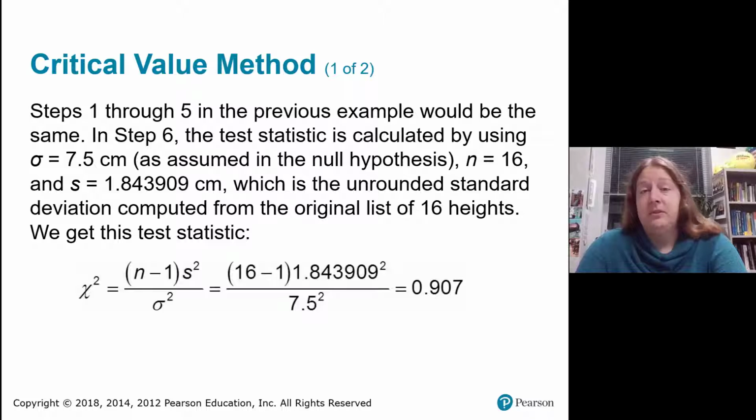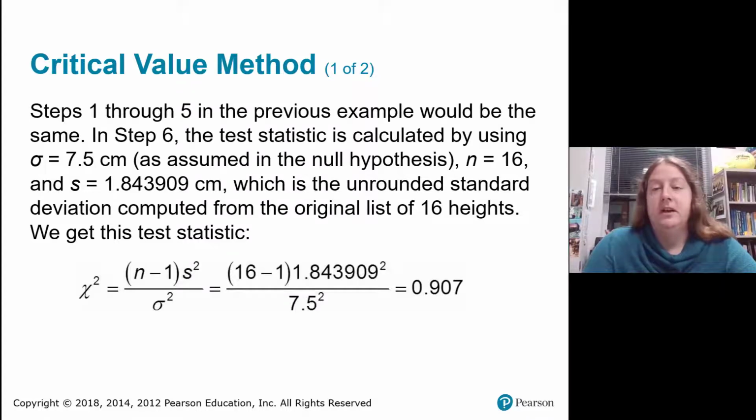This would be a great opportunity to double check that you're comfortable calculating a sample standard deviation, going back to those values. Once we have all of those values, we plug them all in and do this arithmetic, probably using a calculator to help us out, and we find our chi-square value of 0.907. This is the same value that the technology display showed us as well.